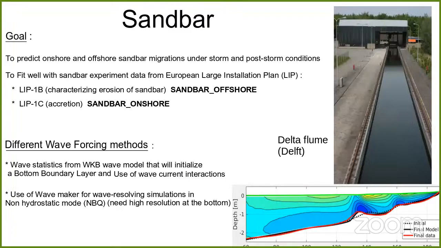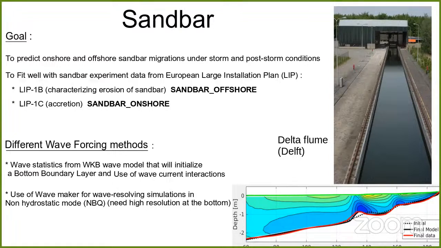Sandbar: this is an analytical test case implemented. You can switch on the CPP file. The idea there is to predict sandbar migration depending on if you are under storm or post-storm condition.